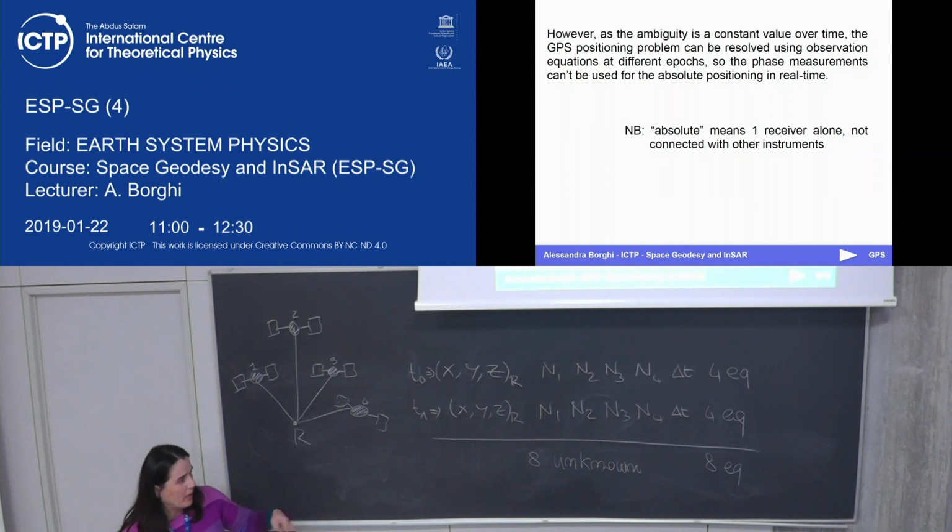So with 2 epochs, I can use a phase measurement. It's not so easy. In fact, for real-time application, it is not used. To be honest, now we can use phase measurement, but we have to connect one receiver to another receiver. There are different techniques that allow us to get our position, but they are not used for navigation.